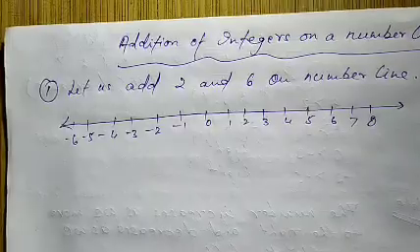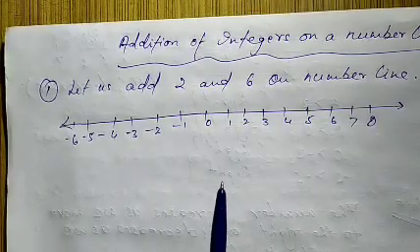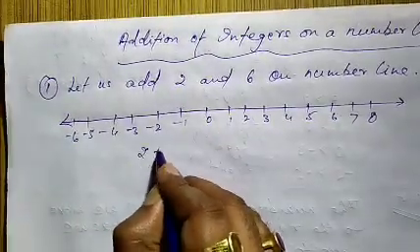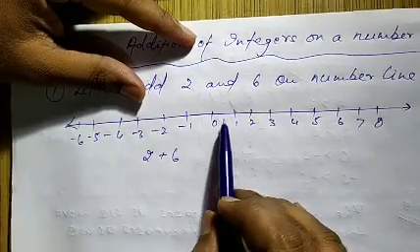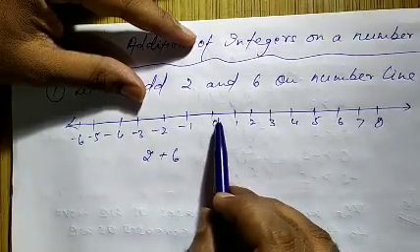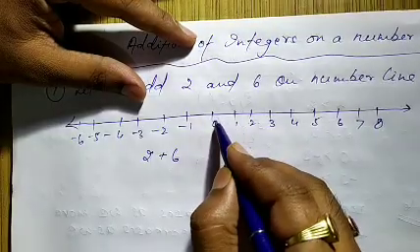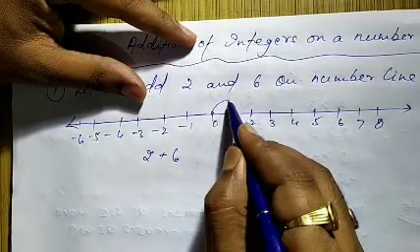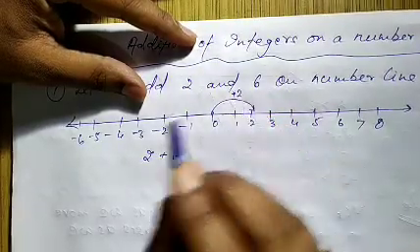So how will we add on the number line? We have to do 2 plus 6. We will start from 0. We first move 2 steps to the right from 0. 1, 2. The first step is this, and this move is plus 2.